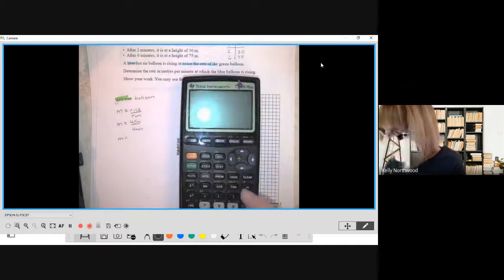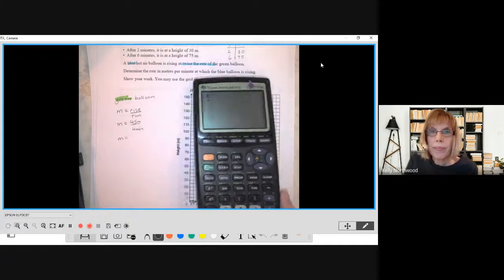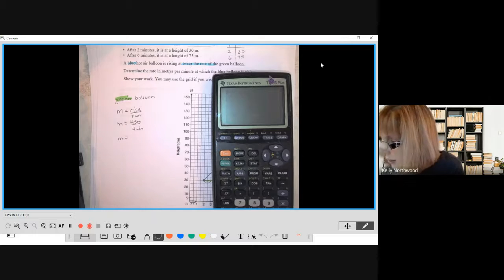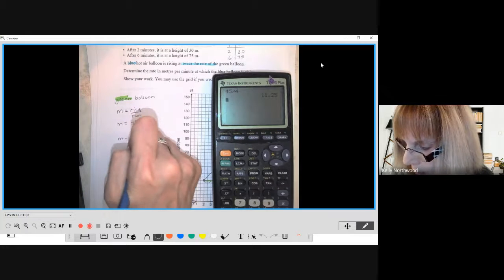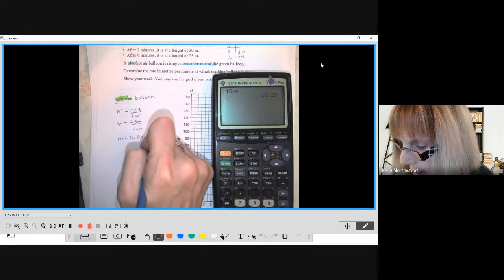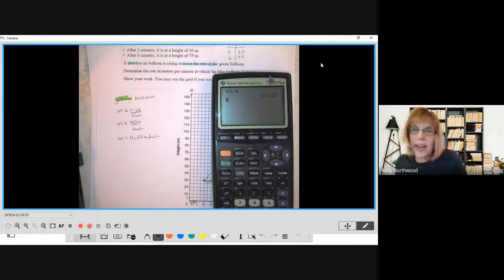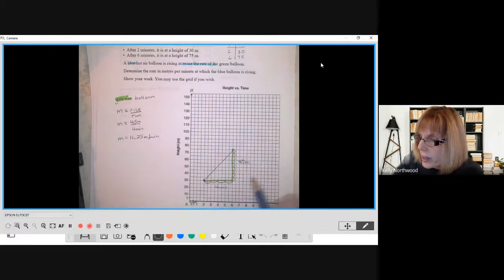And then I would figure that out on my calculator. 45 divided by 4 is 11.25. I would keep the decimal in this case because 0.25 is like a quarter, a perfect decimal, so I'd just keep it instead of rounding it to 11.3. So we know that the green balloon is rising at 11.25 meters every minute.